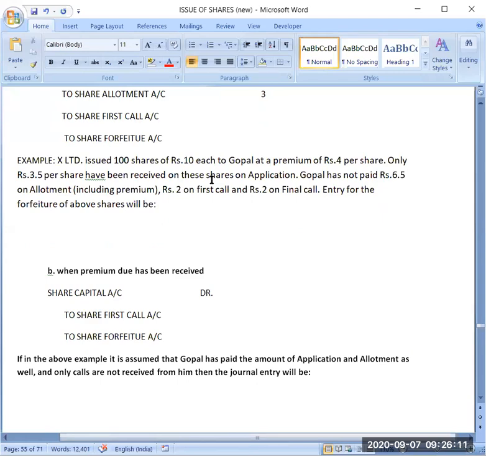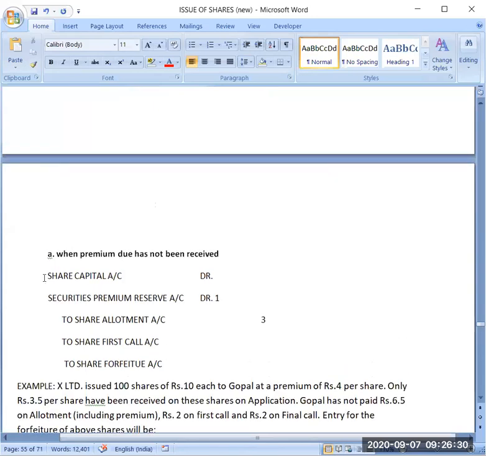Gopal has not paid ₹6.5 on allotment, and in this 6.5, ₹4 are also there for premium, ₹2 on first call and ₹2 on final call. That amount he has not paid. So the entry for the forfeiture will be, the entry will remain this because ultimately you have not received the premium.